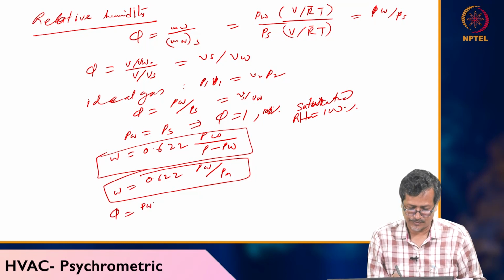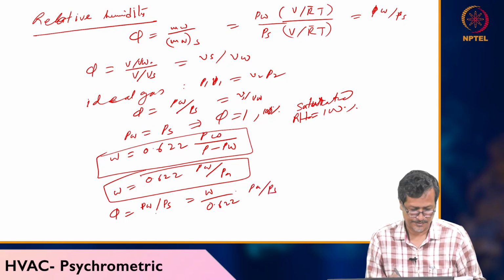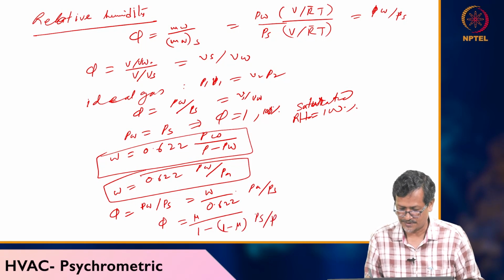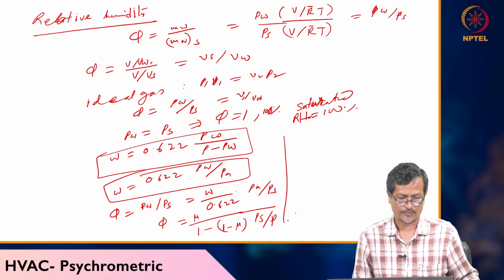Phi equals PW by PS equals W by 0.622, PA by PS. So phi equals mu by (1 minus (1 minus mu) PS by P). These formulas are taken from your PK book, so you can go through it.